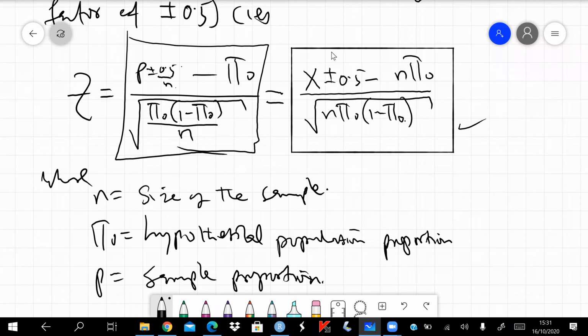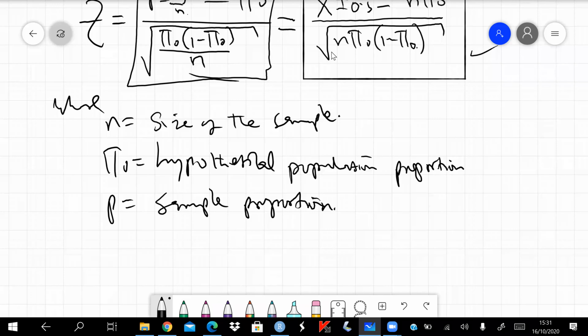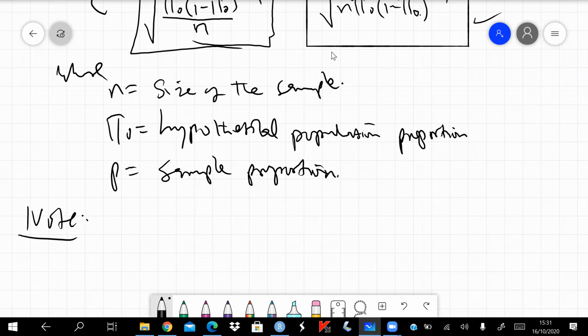Actually, these are just two versions of the same formula. So let's note that when carrying out tests of this type, you can work out whether you need to add or subtract the half or the 0.5 in the continuity correction.